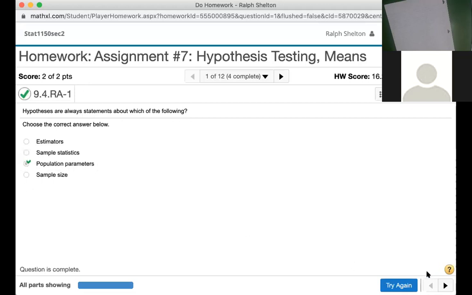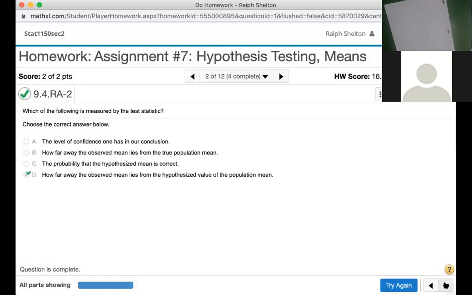Okay, so next question. Which of the following is measured by a test statistic? The test statistic measures how far away the observed mean lies from the hypothesized value of the population mean.